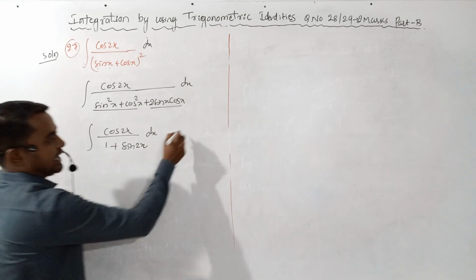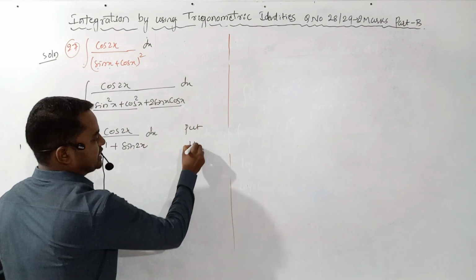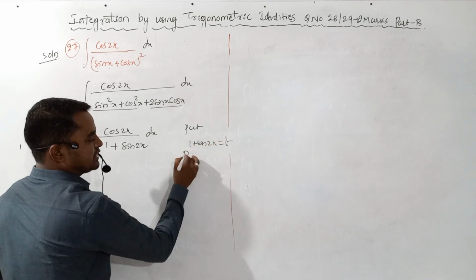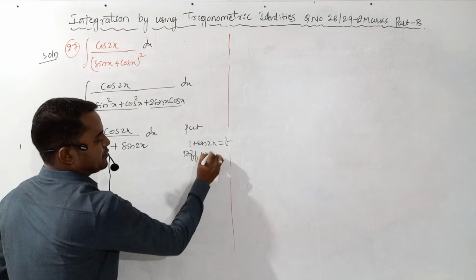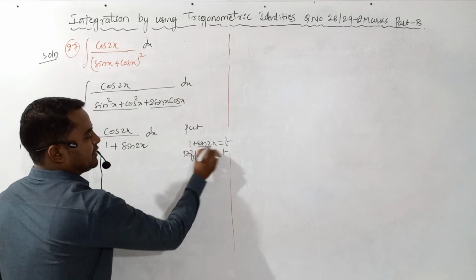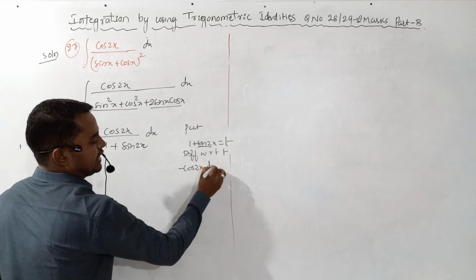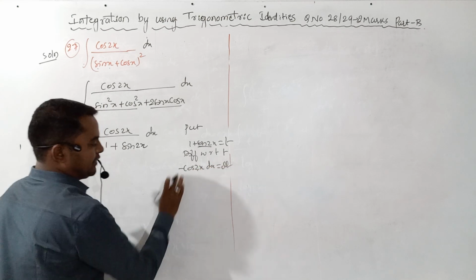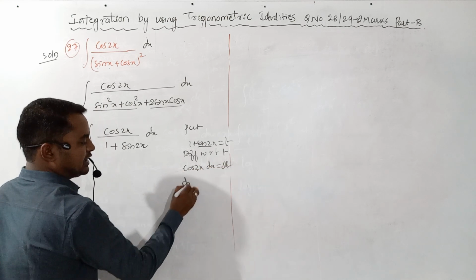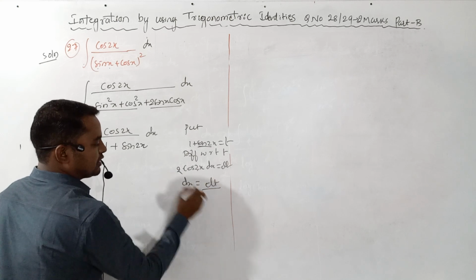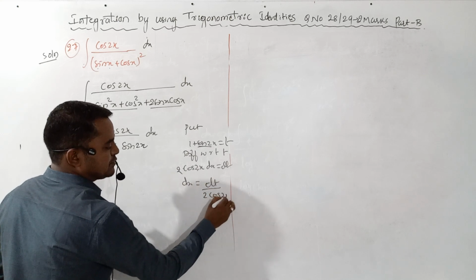Yes, put 1 plus sin 2x is equal to t. Differentiate with respect to t. Derivative of sin is cos, so dx is equal to dt by 2 cos 2x.